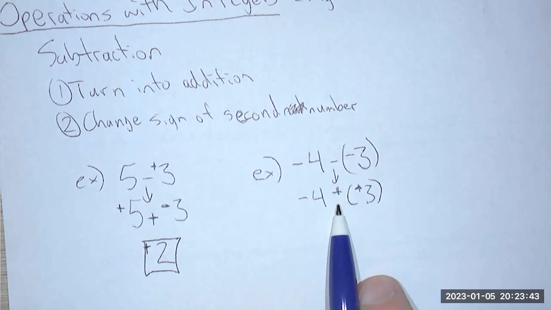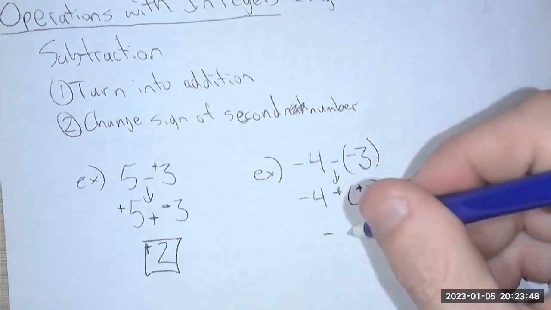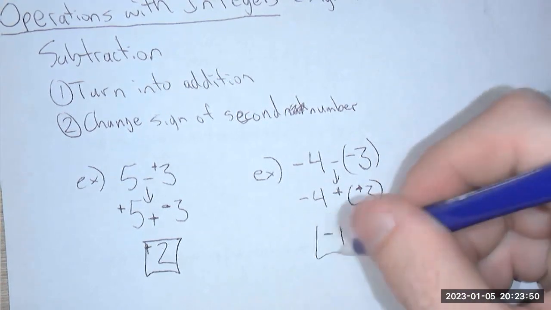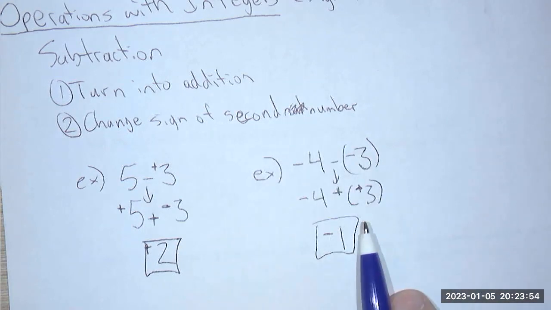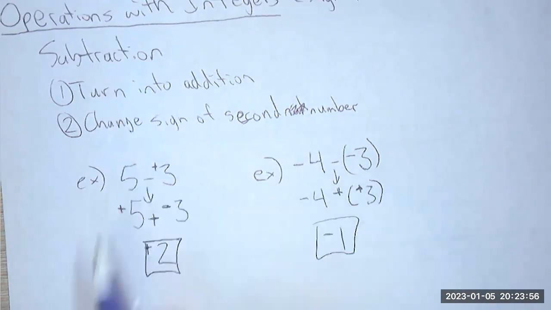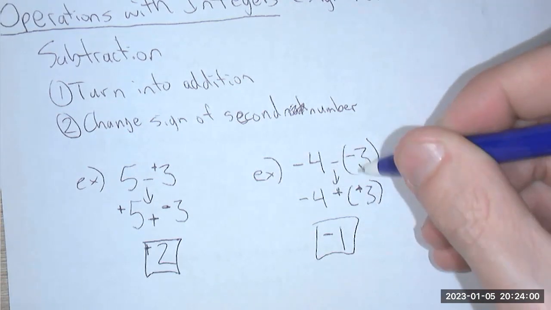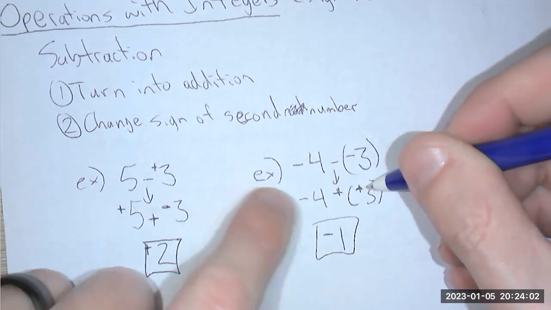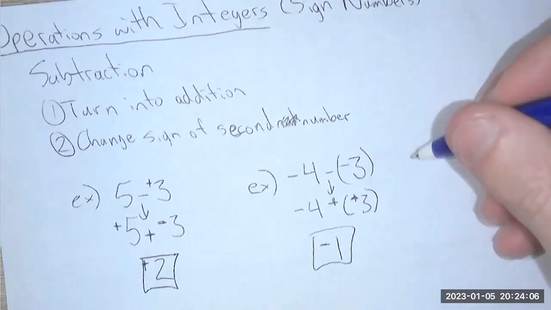With the rules of addition, I'm going to keep the sign of the larger number. I'm going to subtract, giving -1. It's easy when you see it like this, but when you follow this as a set procedural process: change to addition of the opposite value, two different signs, keep the sign of the larger, subtract.